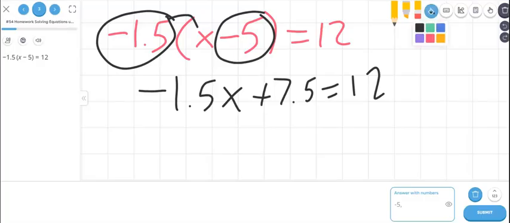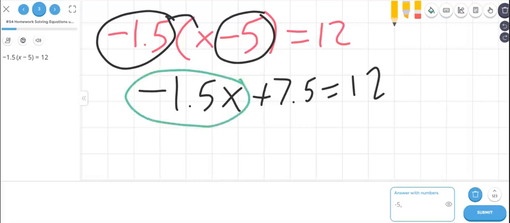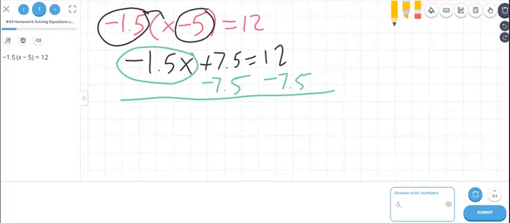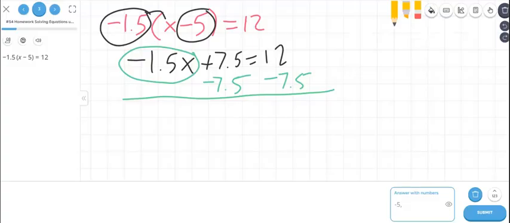So we're going to look at this and get rid of the plus 7.5 by doing minus 7.5, minus 7.5. I get negative 1.5x equals, so let's see, 12 minus 7.5 gives me 4.5.